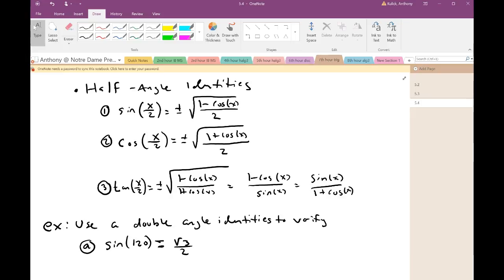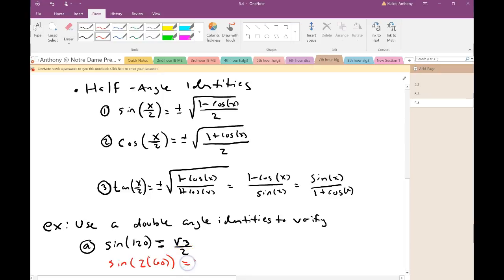Examples of the kinds of problems that I might ask you to do for something like this is to verify that sine of 120 is square root 3 over 2 using a double angle identity. So how can I rewrite sine of 120 as 2 times something? That's 2 times 60, right?